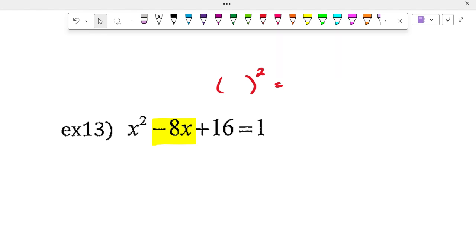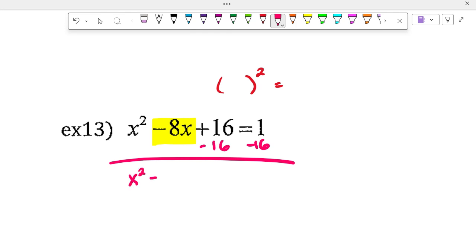Completing the square. So, another way you can solve quadratics is by completing the square. So, the way you can do this is that you first subtract your c value over. So, x squared minus 8x, leave a space, is equal to negative 15.